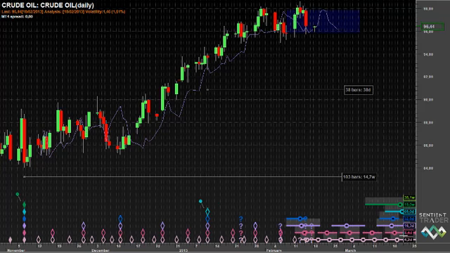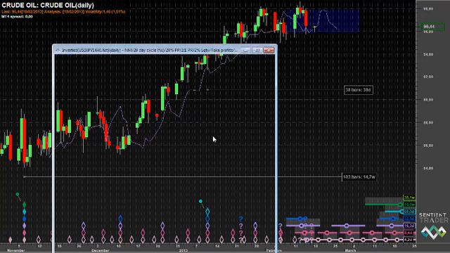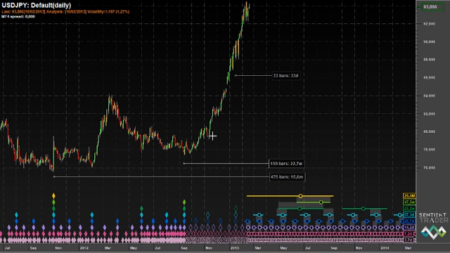Let's take a look at our final instrument for today, and that is the US dollar to Japanese yen. I've had a few requests actually to take a look at the US dollar to Japanese yen, and the big thing that's been happening in terms of the Japanese yen. It doesn't matter which other currency you cross it with.